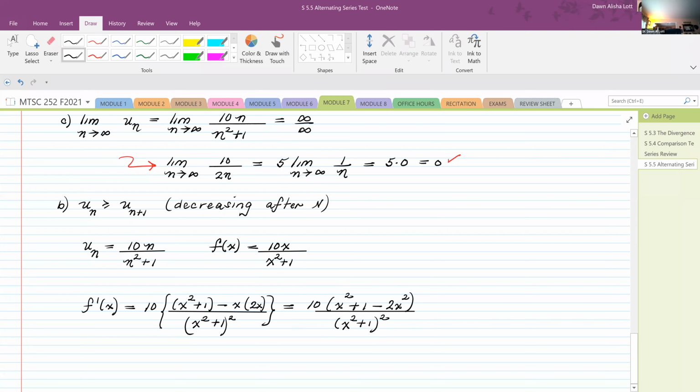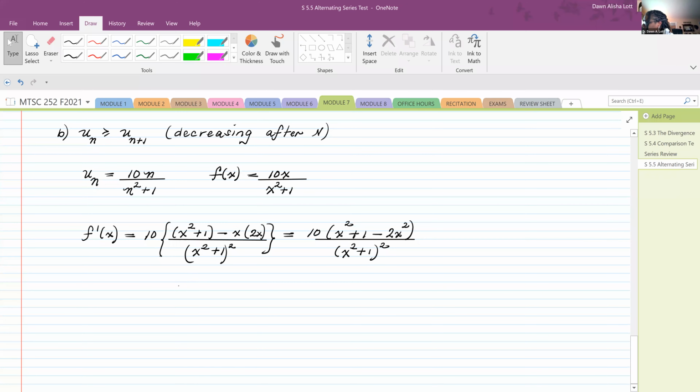Okay, still taking the derivative here. So this is 10, and then I'm going to get 1 minus x squared over x squared plus 1 squared. So that's the derivative, okay? So clearly, if x is bigger than 1, then f prime of x is negative.